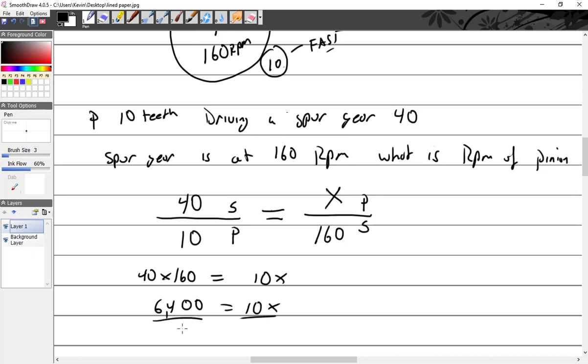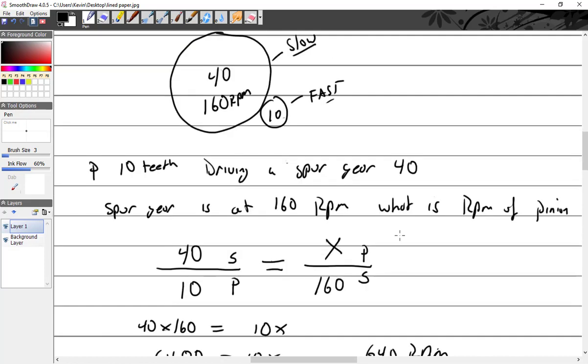Divide both sides by 10 to isolate that x, and I get 640 RPM. Now, does that make sense? If my big gear is turning at 160 RPM, should this one be faster or slower? Faster. And I just said it was 640 RPM. Is that correct?